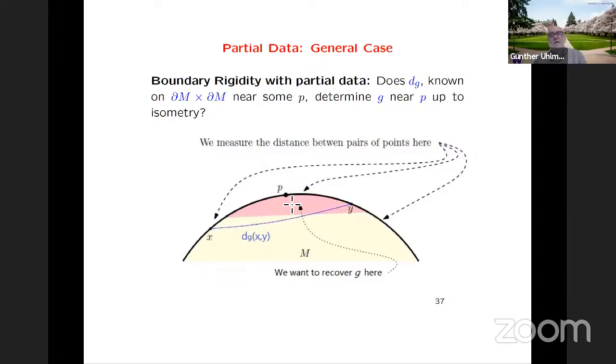So this is the partial data problem. This could be the whole boundary and we're measuring near the boundary, but you only consider part of the geodesics joining the points in the open set where you're considering, not the ones that go the other way. That's why it's called partial data.